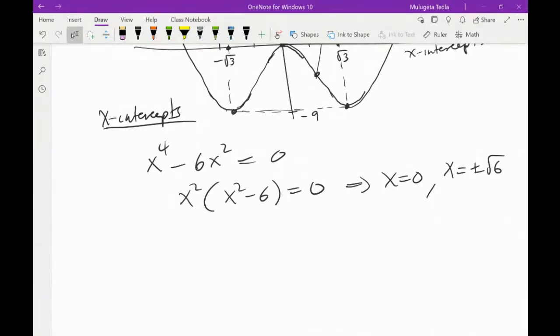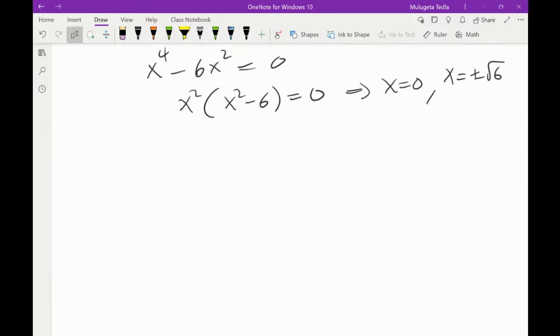Yes, the vertex is found at the point where the derivative equals 0. That gives the x component of the vertex. Is that what you're saying, Wissam? Yes, sir. For only a parabola, it's very specific.